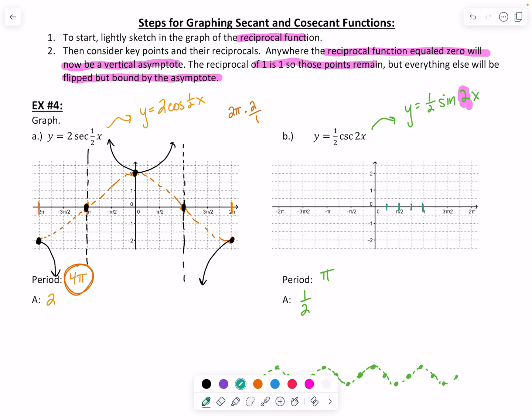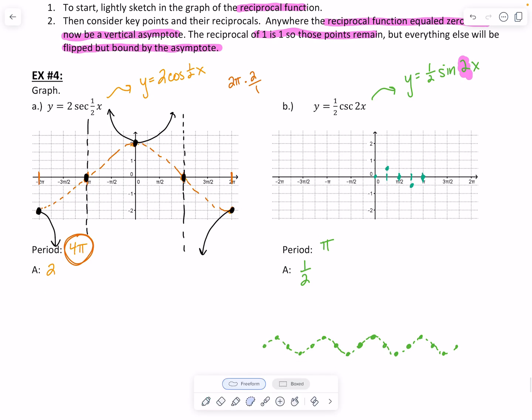And the amplitude is 1/2. Remember, this is a sine graph, so where does sine normally start? Normally doesn't sine start at 0? It goes up normally to 1, but this time the amplitude is just 1/2. So I'm going to go to 1/2, then I'm going to go back to 0, then I'm going to go to negative 1/2, and then I'm going to go back up to 0.